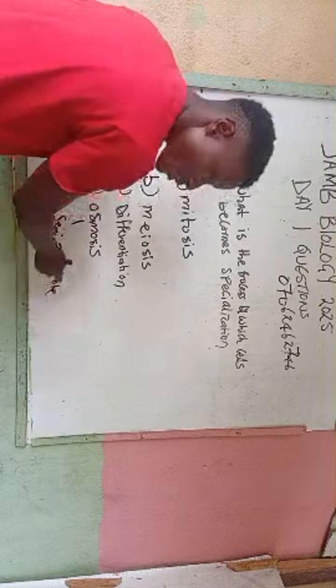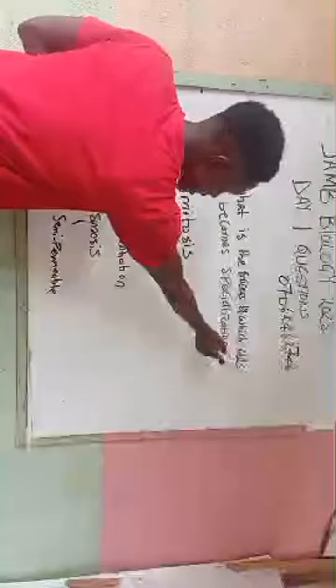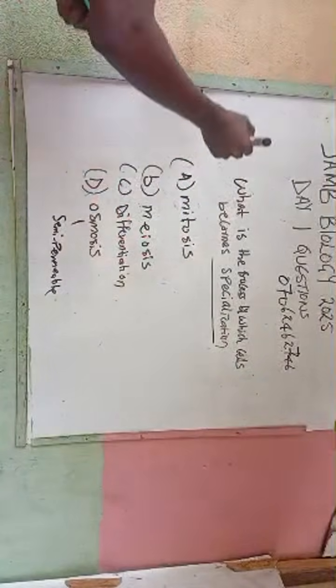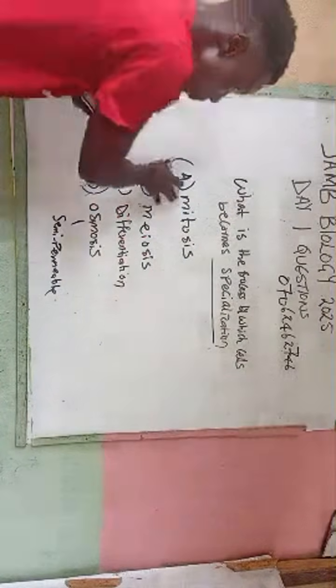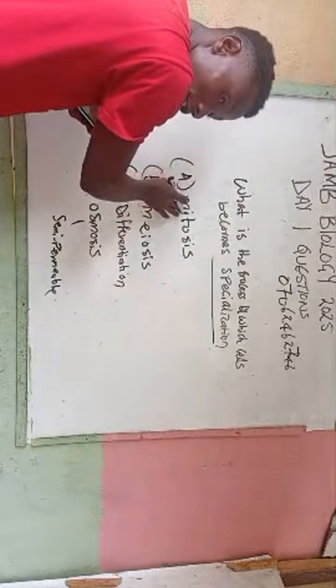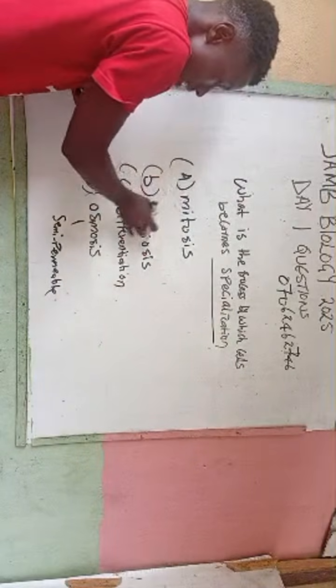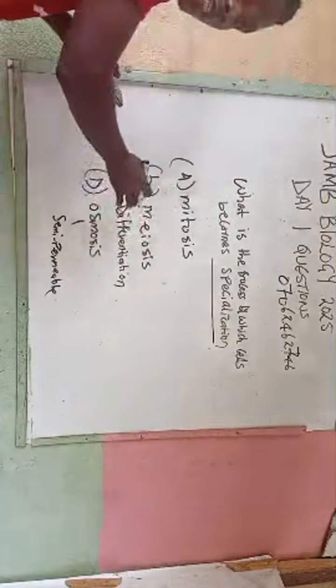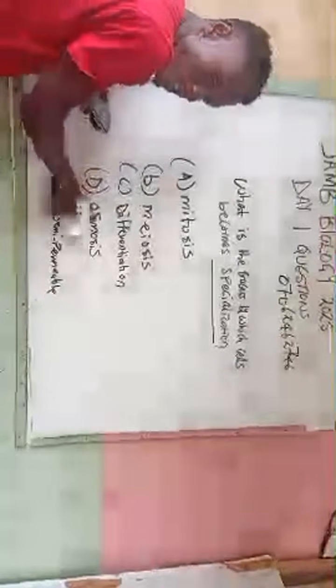But what we are asking now is based on cells and their specialization. So it is not mitosis. Mitosis is division. Meiosis and mitosis are based on the division of cells, while osmosis is not really related, and it is more about diffusion, right?